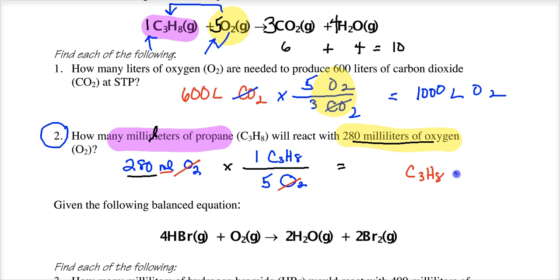I didn't cancel milliliters. And of course, let's find that number. So I put that in my calculator, and magically I have 56. Of course it's 56, and I should write this better, 56 milliliters of my propane. A 1-to-1 problem, or it's a one-step stoich problem.